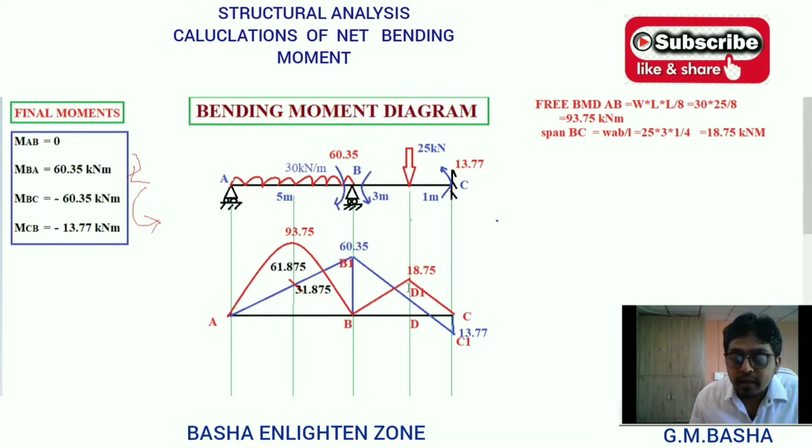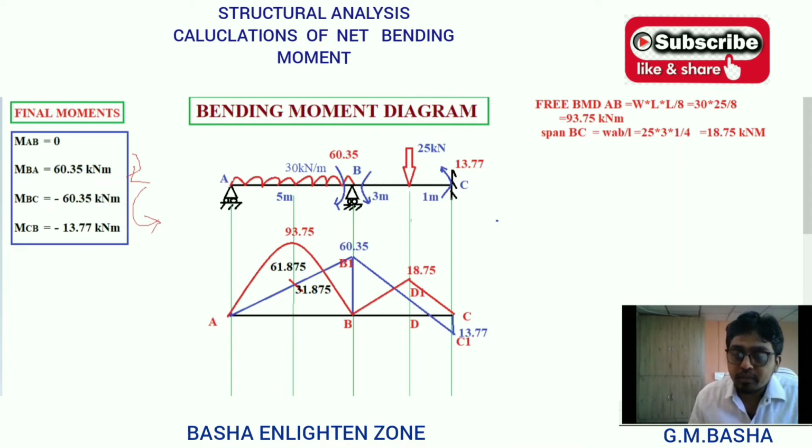Then move to the span BC. Here we have to find the net bending moment in the span BC exactly under the given load. If it is a midpoint load, then taking the average of the triangle, you will obtain it. First you have to find the ordinates of those two similar triangles, and then find the value under the load.